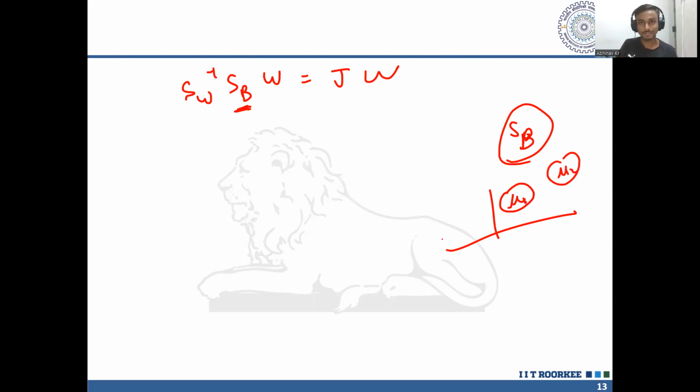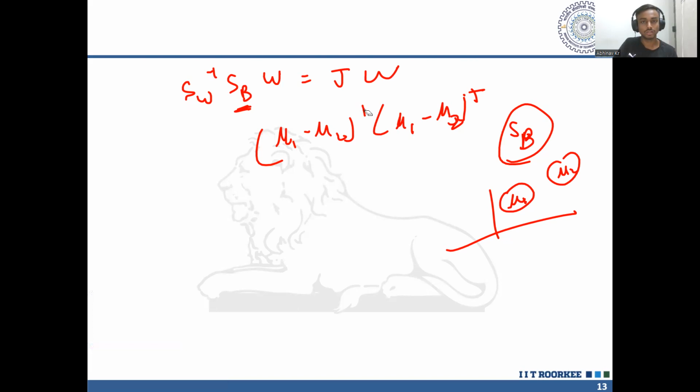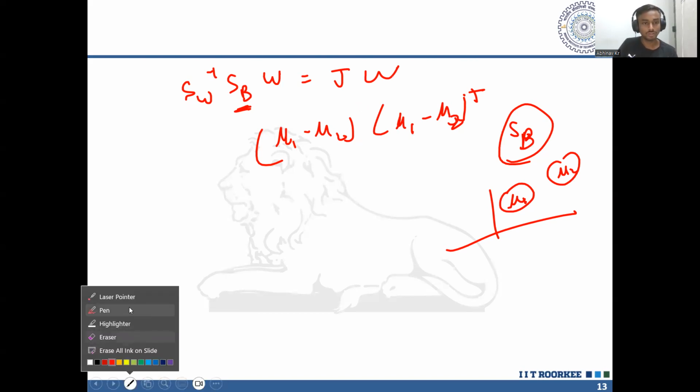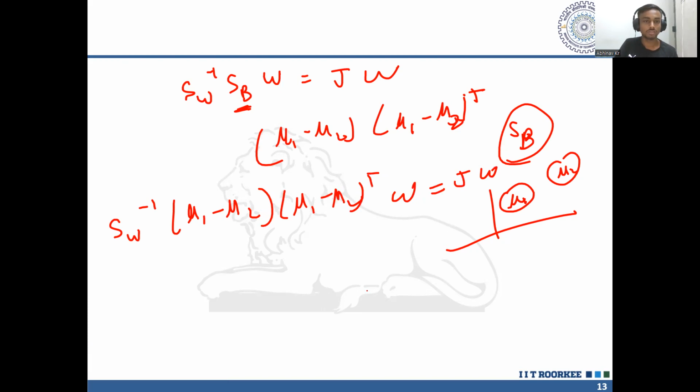For this, SB reduces to (mu1 minus mu2) times (mu1 minus mu2) transpose. This is our SB for a two-class problem. Now, if I write this equation as SW inverse (mu1 minus mu2)(mu1 minus mu2) transpose times W is J times W.